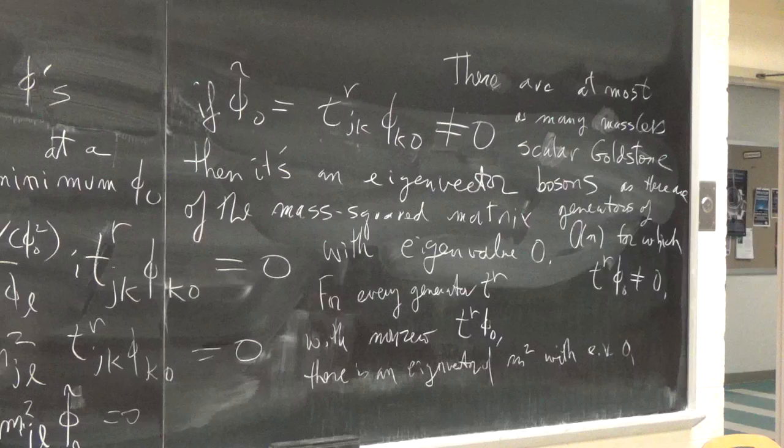So, basically, as long as the generator doesn't annihilate the vacuum vector, the product of the generator times the vacuum vector is a potential Goldstone boson. But if you line them up, there are only as many Goldstone bosons as there are linearly independent eigenvectors.